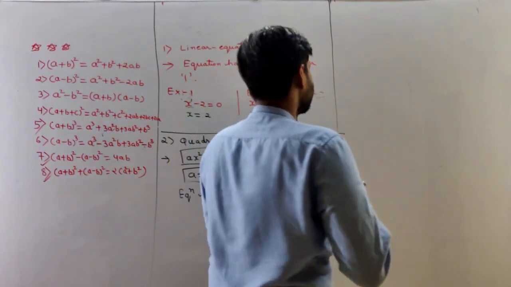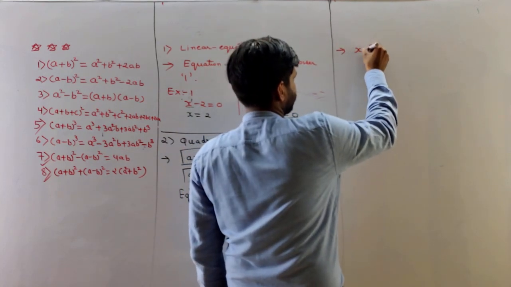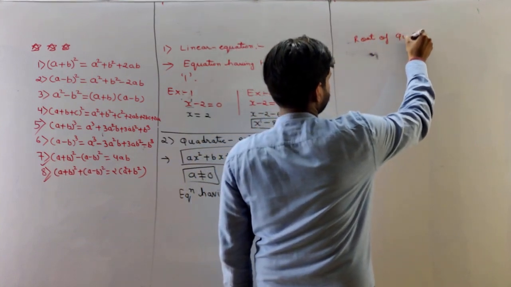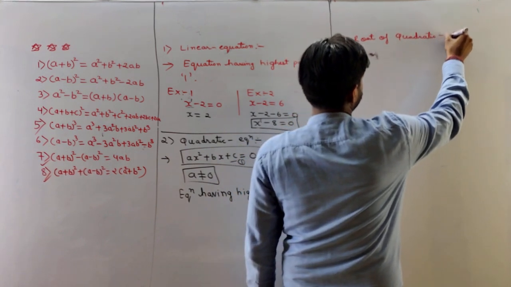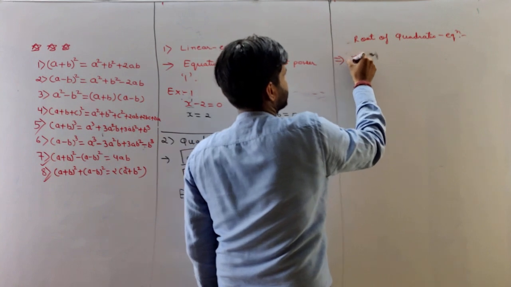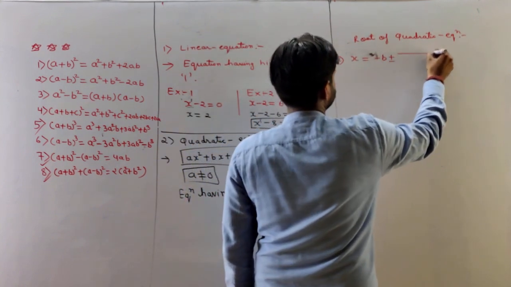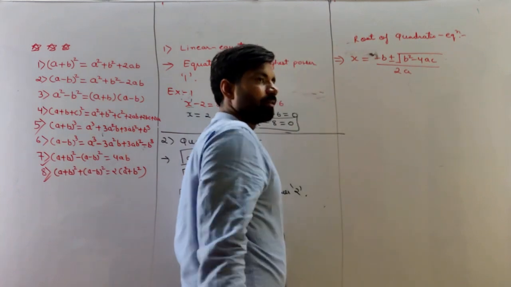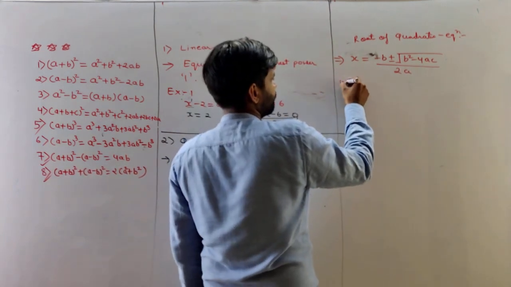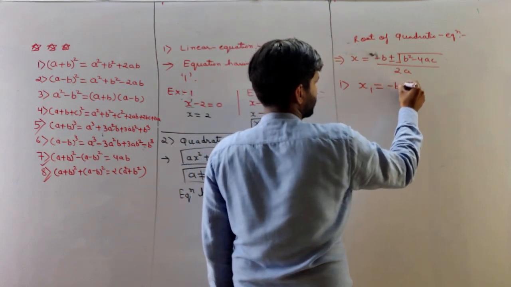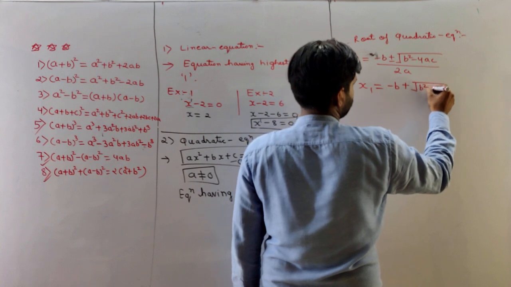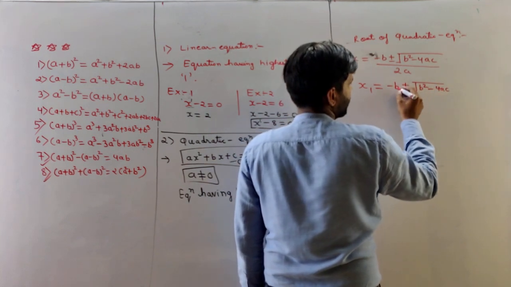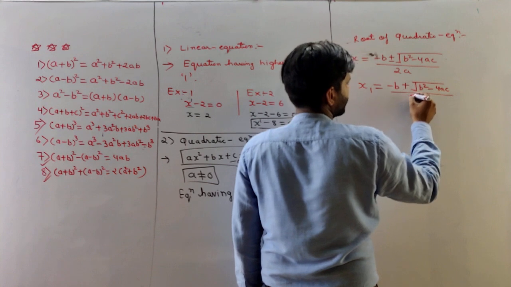And in your junior classes you also studied that the root of a quadratic equation is given as x = (-b ± √(b² - 4ac)) / 2a. Where the first value is x1 = (-b + √(b² - 4ac)) / 2a, taking the plus sign only.